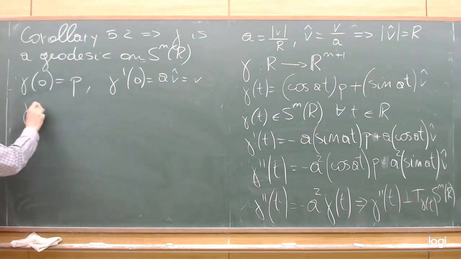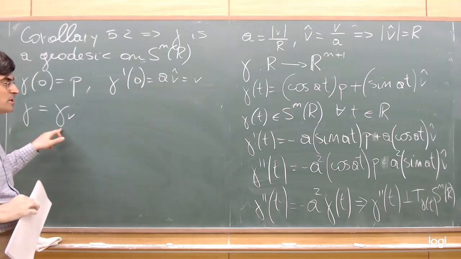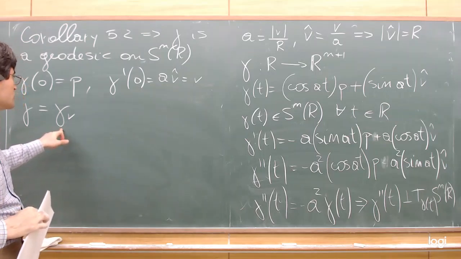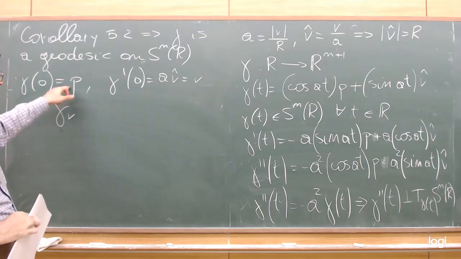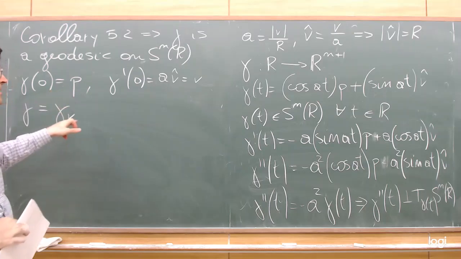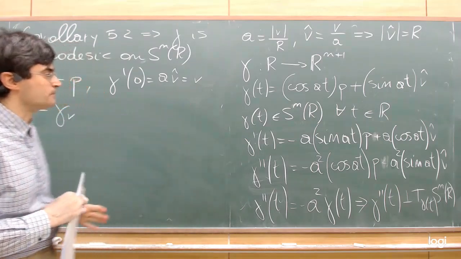So gamma coincides with gamma v, which is the notation that we use for geodesics starting at p with the initial velocity vector equal to v.